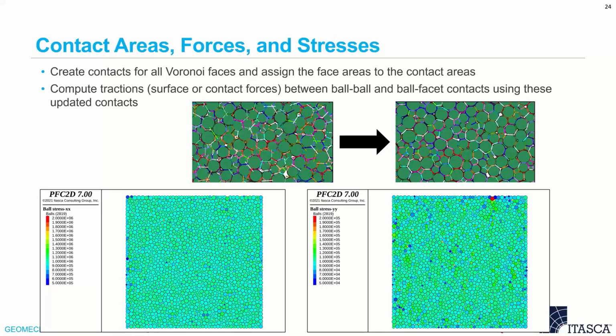But near the boundaries, and this can happen with meshing in general, you tend to get balls or rigid blocks aligned near boundaries. So it's generally a very good idea to install these stresses on an assembly and then trim it to a smaller size so we can get rid of these boundary effects. But nonetheless, these two stress states are quite homogeneous, right?